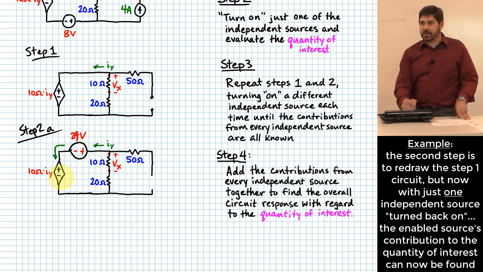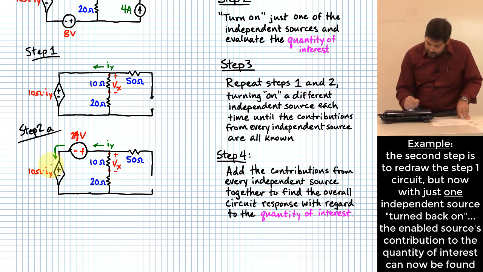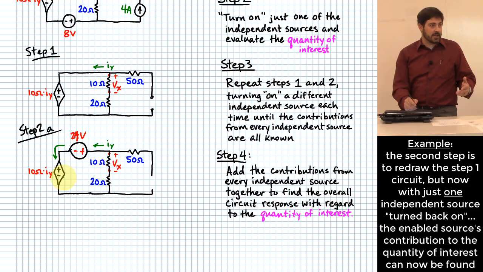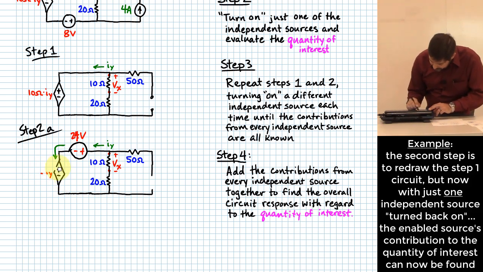What do I have for the dependent source? 10 ohms times IY. Turns out that at least for this scenario right here, this dependent source is not different than just a 10 ohm resistor. See that? Because you're going to have IY flowing down through here. The voltage across here is going to be 10 ohms times IY, which is the same as you would have if that was just a 10 ohm resistor. Okay? So let me go ahead and say this is equivalent to if this was just a 10 ohm resistor.